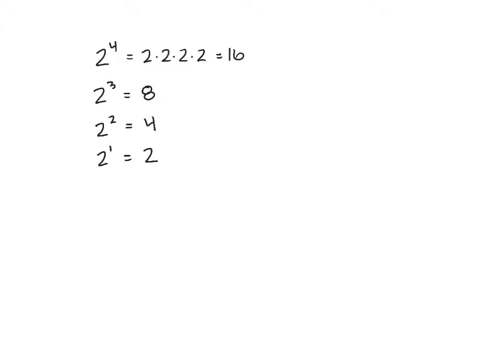All right, so let's look at the pattern that we see here. What's happening as we move from 16 to 8, or 8 to 4, or 4 to 2? Hopefully what you notice is that each time we are dividing by 2.